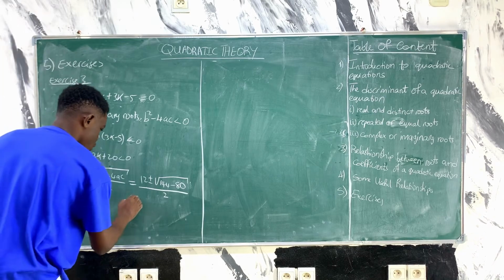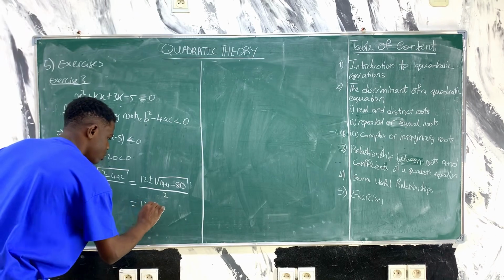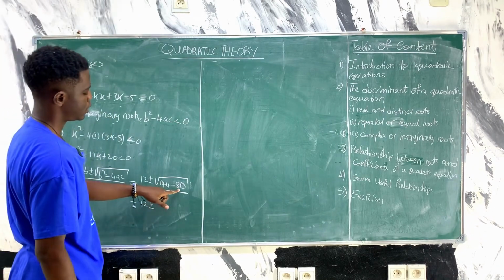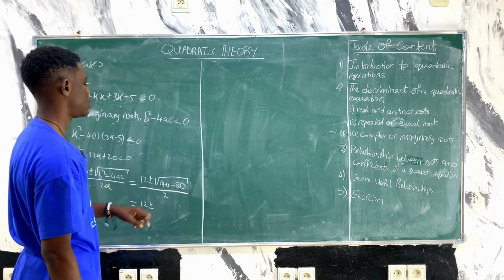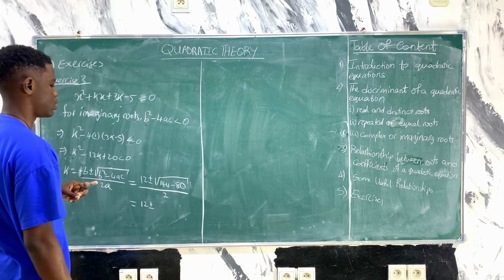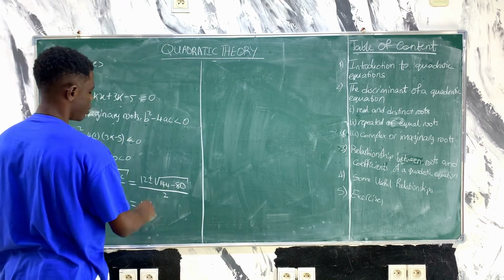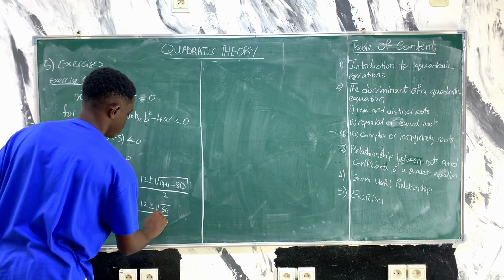So from here, just simplify. You're going to have 12 plus or minus the square root of 144 minus 80, which is 64.